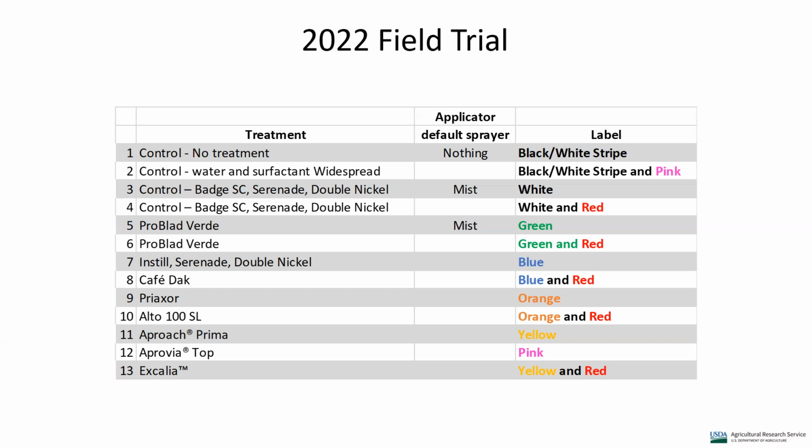We also looked at a different copper for rotation, which included the Serenade and Double Nickel. Now, our team actually sprayed every time for the application. And for certain treatments, there was the combination of either a backpack sprayer being used or a mist blower to see if one provided better coverage.